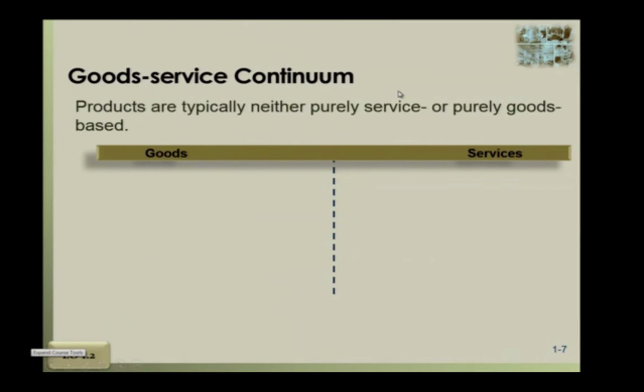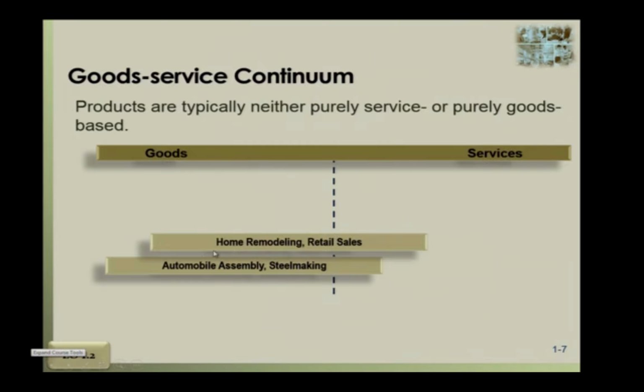Okay, in terms of what we call a good or service, you can take a look at this continuum. On one extreme, you're looking at a business that is mostly manufacturing of goods, like automobile assembly and steel making. Now, as we move to the right, we get more services involved with our production of goods.